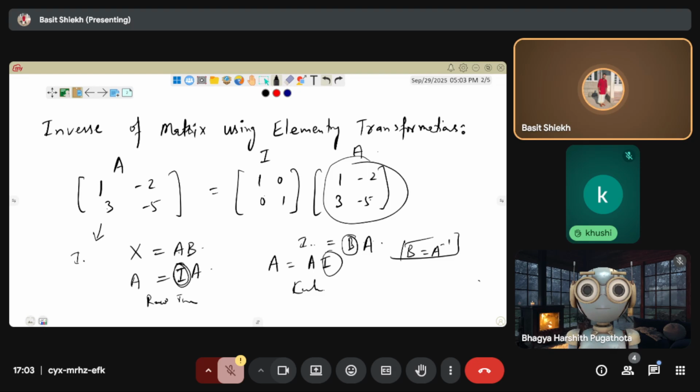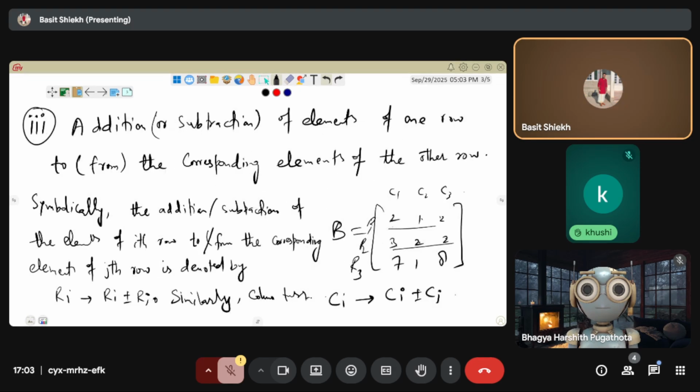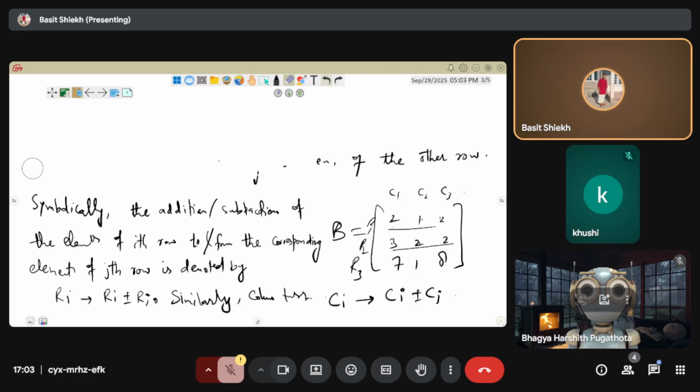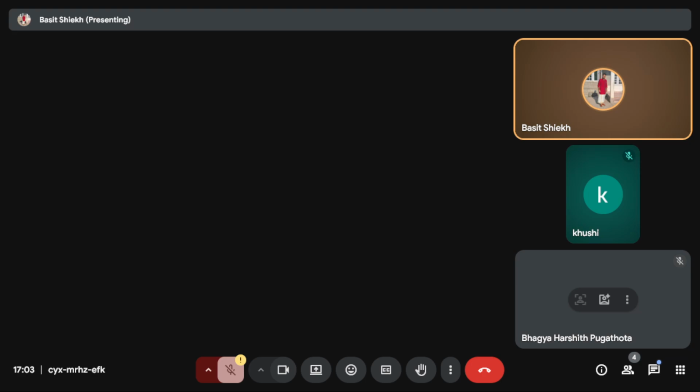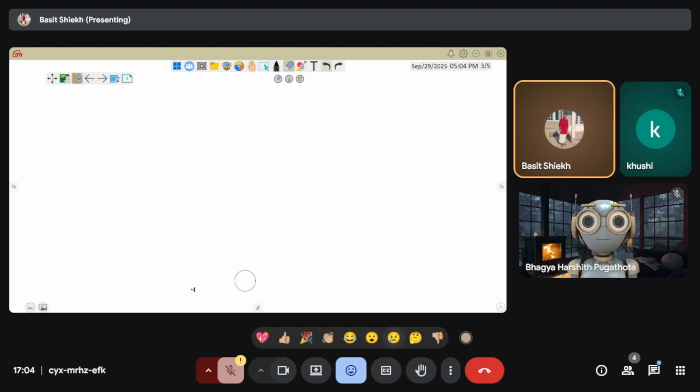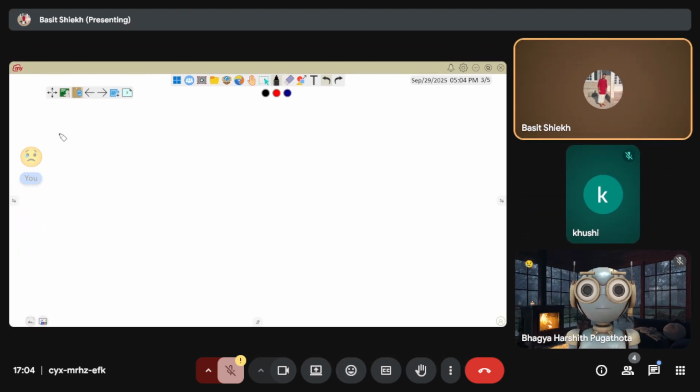In this way we will apply. So let's operate here row transformations. First we will try row transformations and try to find its inverse. 1 minus 2, 3 minus 5, and here we will write 1 0 0 1.